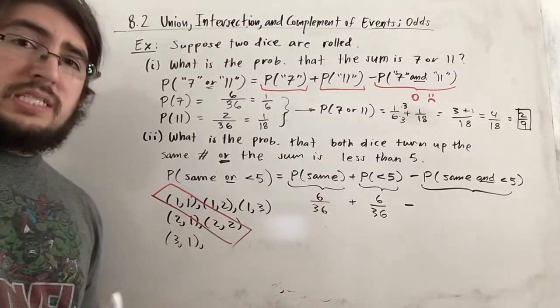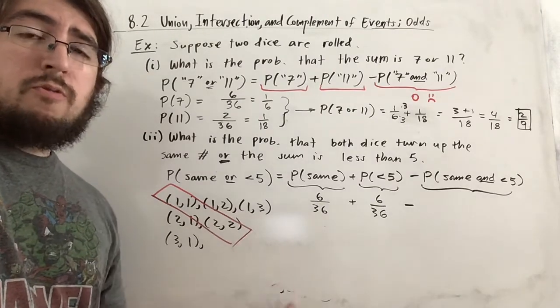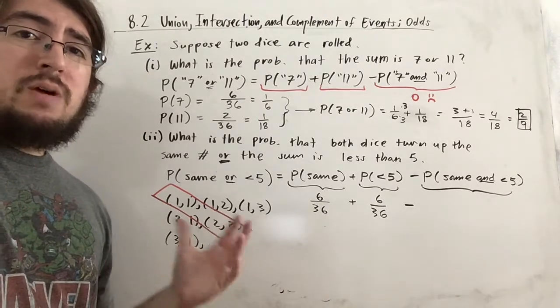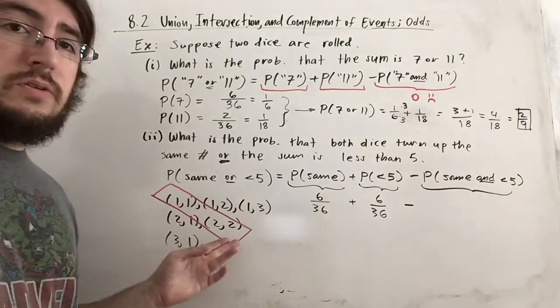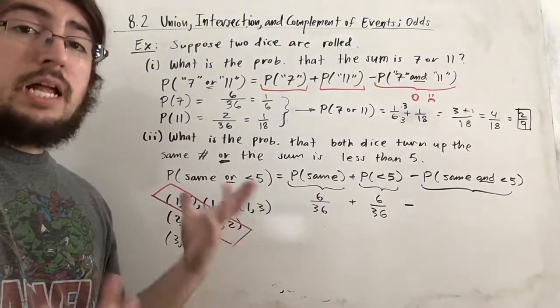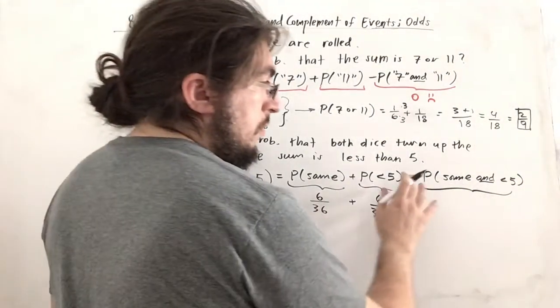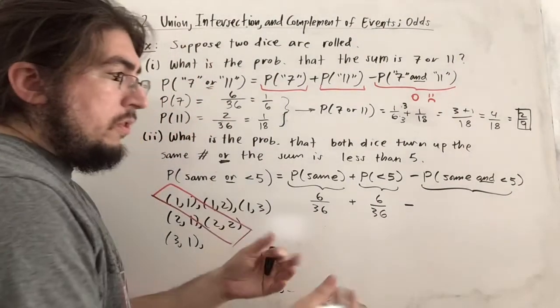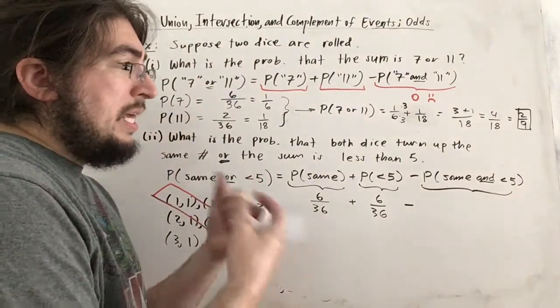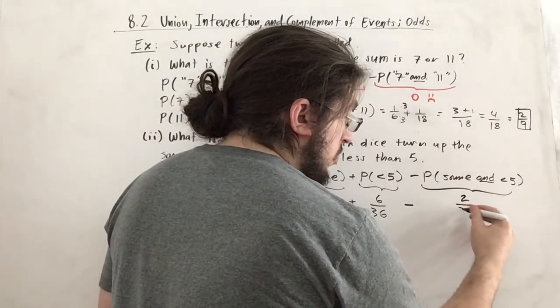That makes sense, because if you take a look at the pairs where they're the same, 1,1, 2,2, 3,3, 4,4, 5,5, 6,6, the only ones that sum to less than 5 are 1,1 and 2,2. 3,3 sums to 6, and that's not less than 5. So there's only 2 here. Being the same number once you roll them, the 2 dice turning up the same, and the sum being less than 5, there's only 2 possibilities out of 36 total rolls.